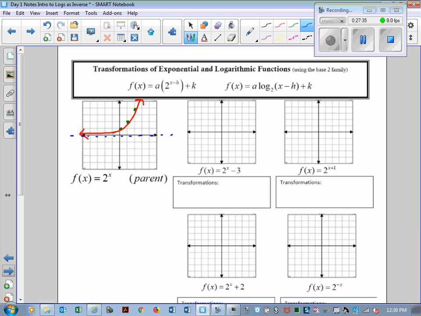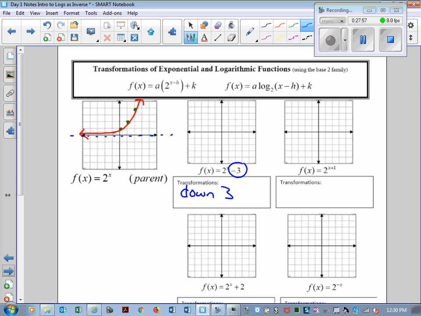Y equals 2 to the x. Now, for the first one, what's our transformation? Down 3. Right here we've got down 3.